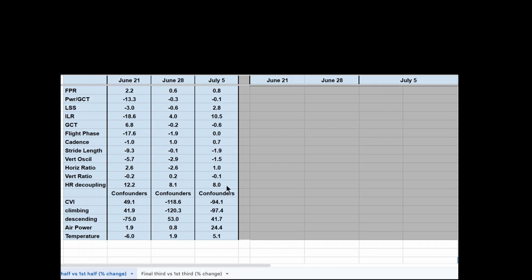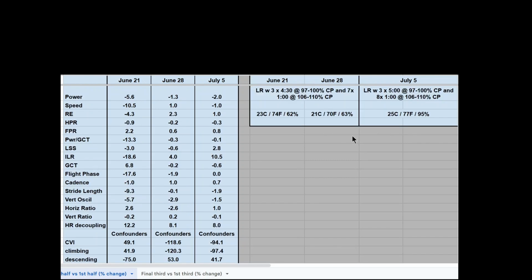So overall, we're throwing more at him, and mechanically and metabolically, he's showing no further signs of fatigue than he did with a less aggressive prescription and in harder conditions.